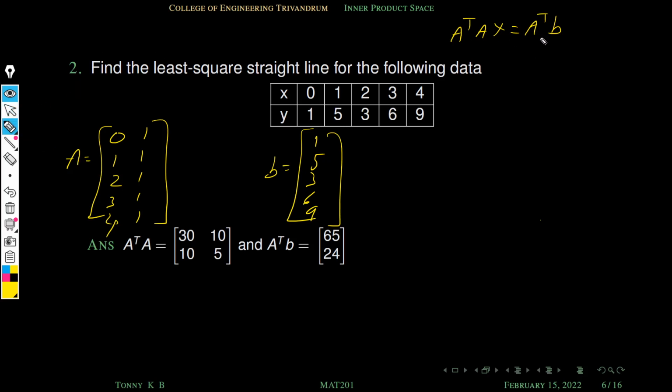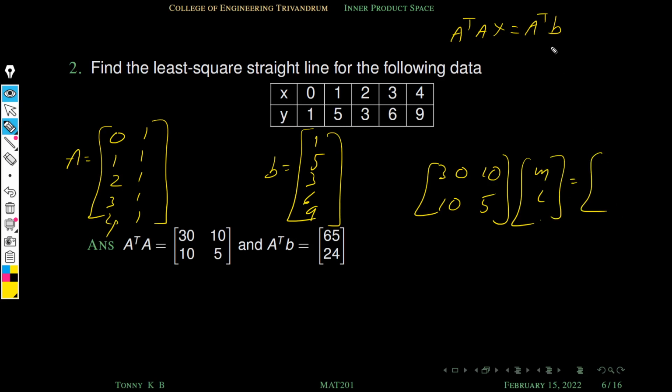Then we can make a system like this. Normal equations are 30, 10, 10, 5. Instead of x, normally we have two unknowns, m and c, because the first one is slope and the second one is intercept. That is equal to A transpose B, which is 65, 24.